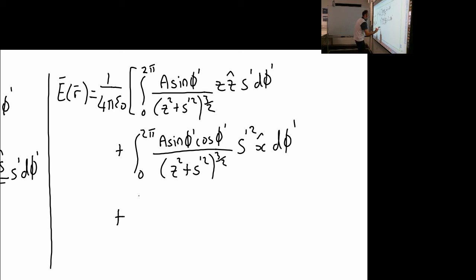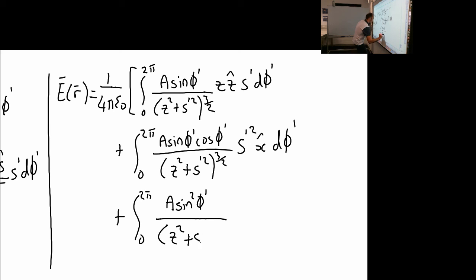And finally, for the y hat direction, we have A sine squared phi prime, over z squared plus s prime squared to the 3 over 2, by s prime squared y hat d phi prime.